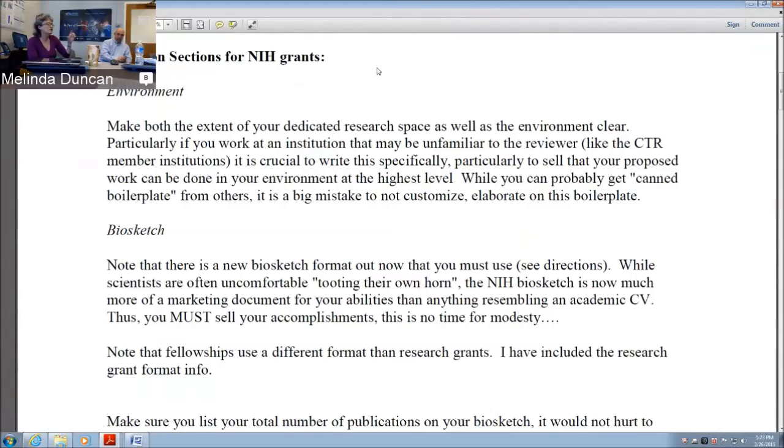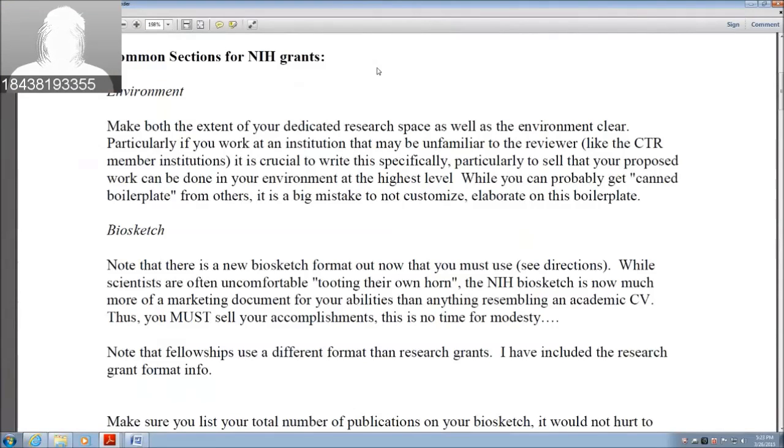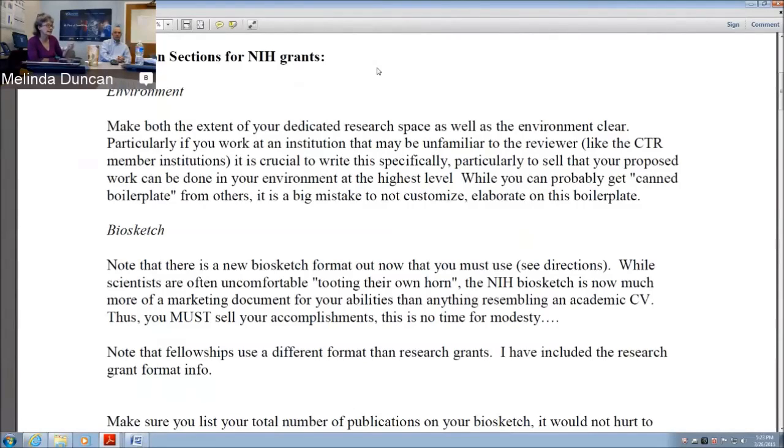The prompt gives you the opportunity to say, I have this available so I can be very successful in Aim 2.1 of my application. Very few applicants take advantage of that opportunity, but the NIH guidelines say you can and are encouraged to do that.